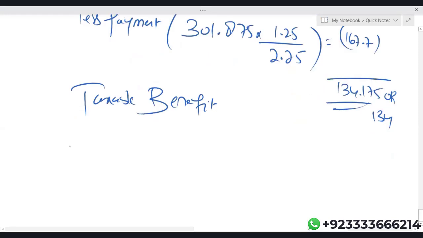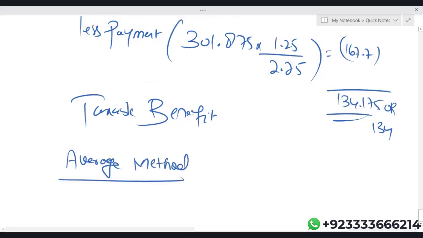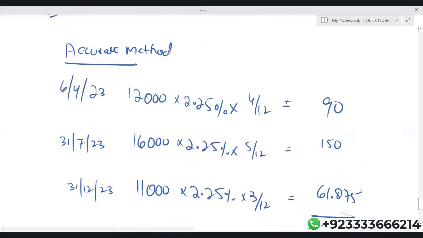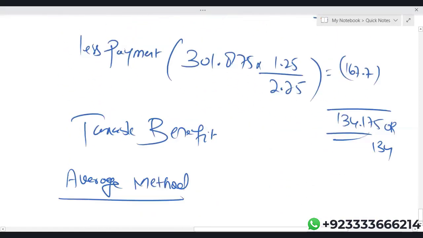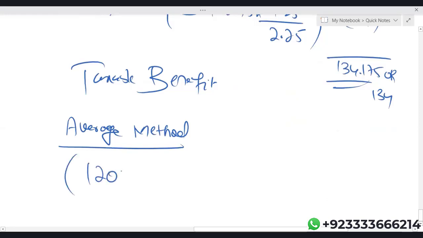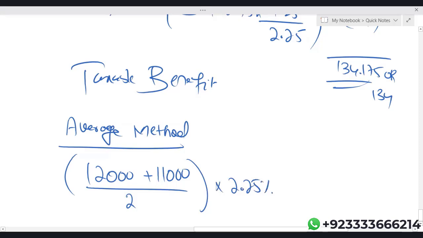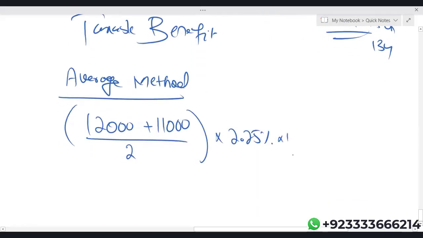Now we go for the average method. I hope this shortcut will save your time as well. Take the opening loan. Opening loan is 12,000, closing is 11,000. The rate is 2.25%. Can I say this time is logically 12 upon 12? There is no need to write 12 upon 12, because it means 1, as the loan was there at the start of the tax year.